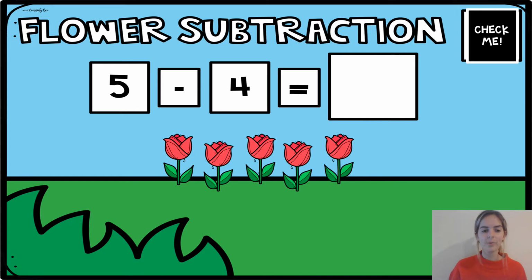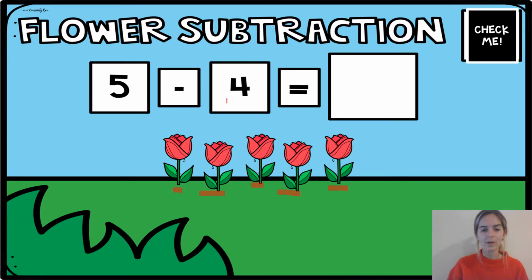Okay, let's look at one more. 5 take away 4. So pause the video, draw a picture, and then we will cross out 4 and let's see what we end up with. Okay, let's take a look. We'll make sure we have 5 to begin with. 1, 2, 3, 4, and 5.